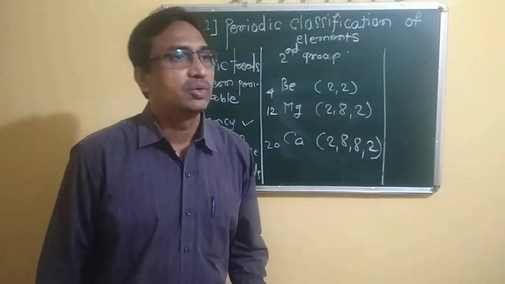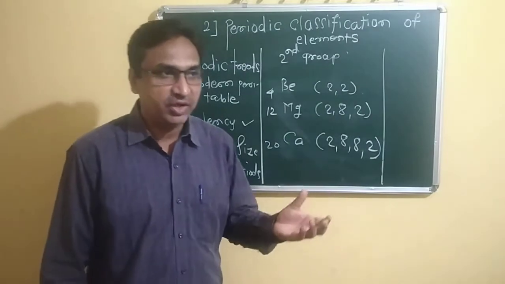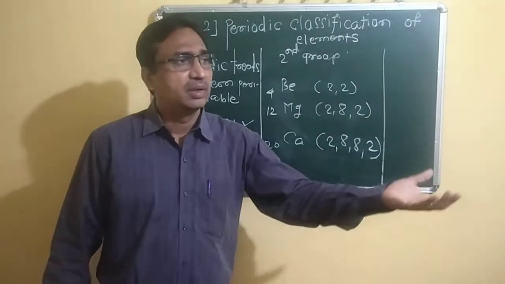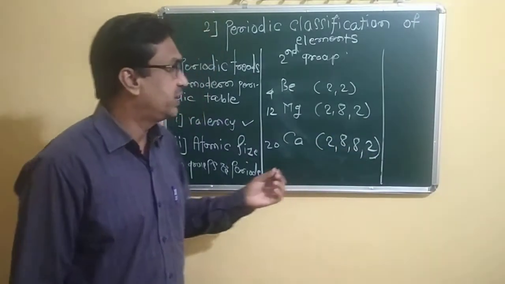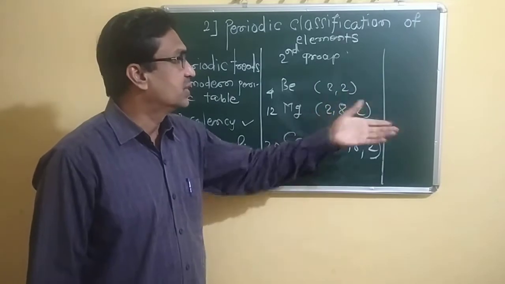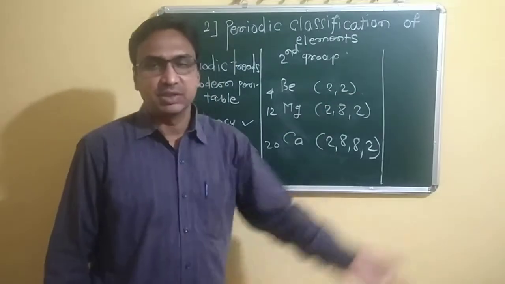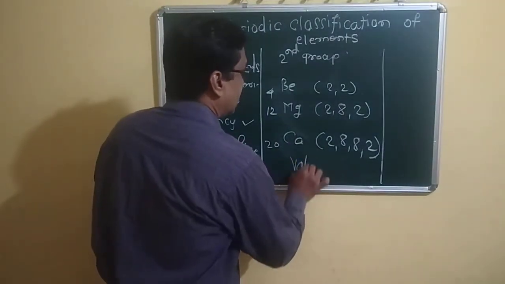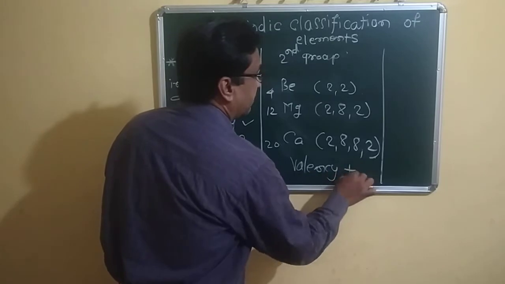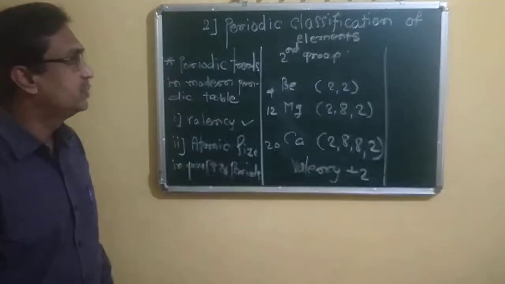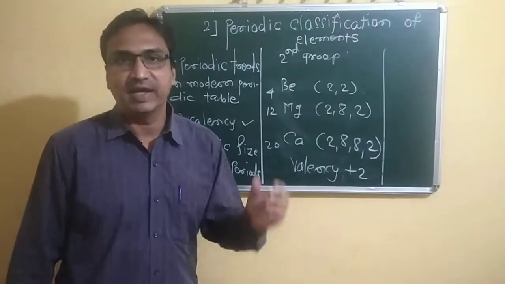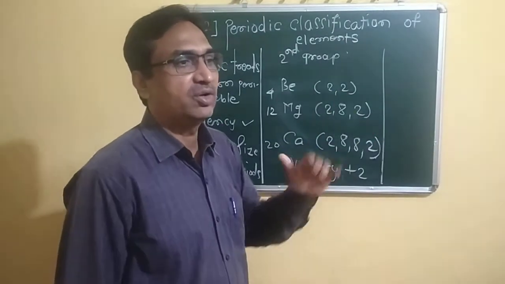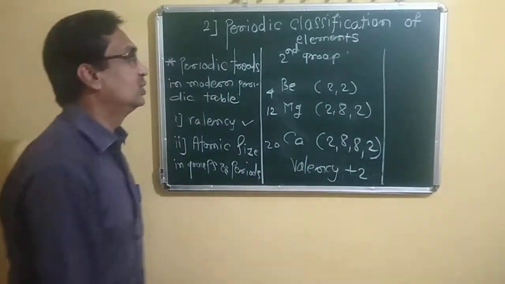It is not easy to take 6 electrons from another element, so to complete its octet it is better to donate 2 electrons to another element, and in this way its valency becomes +2. In the second group, the valency of every element is +2. Why plus? Because instead of taking electrons, it gives them out.